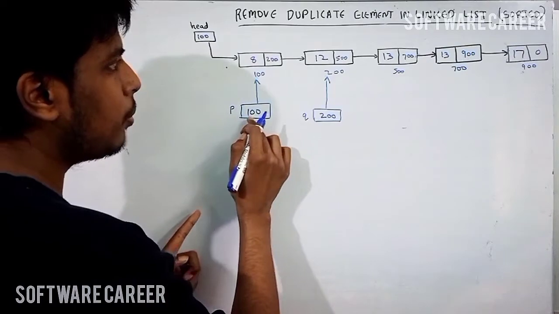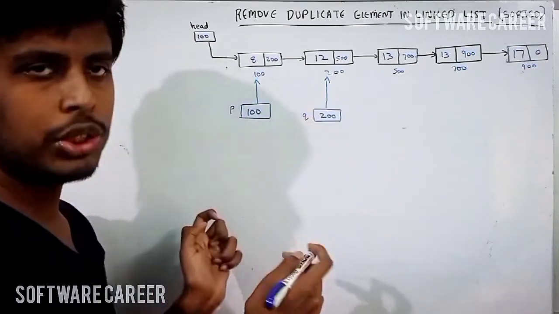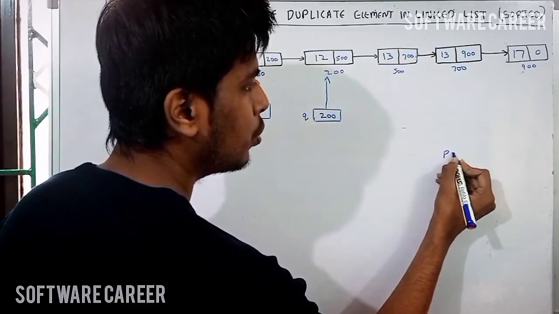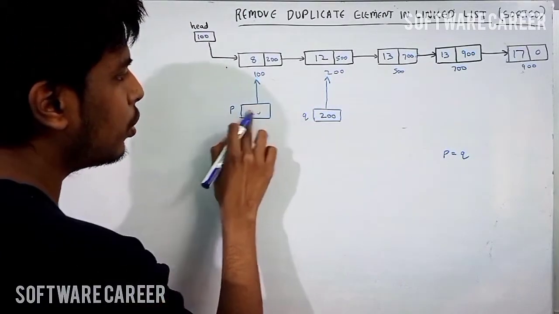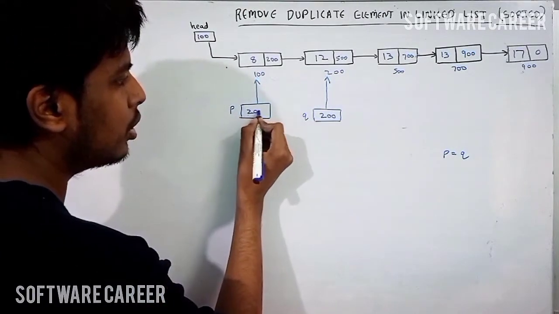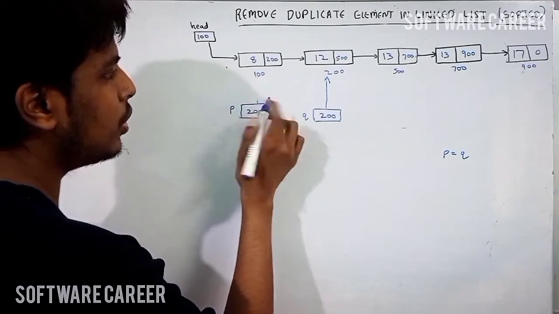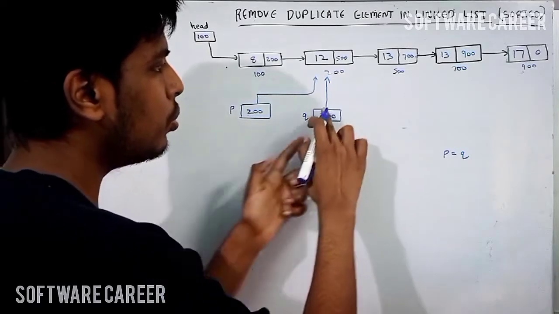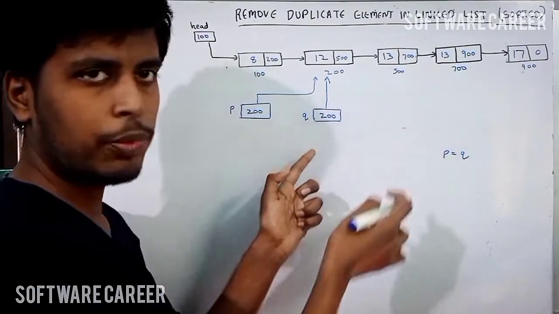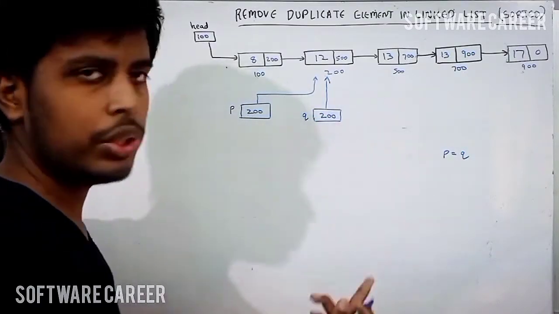So how can you move P one step forward? You should write P equals to Q. If you write like this, Q is 200, so you can change P's value to 200. Then this pointer points towards the second node. Now you should move the pointer Q one step forward. It should point at 500. How can you do that?